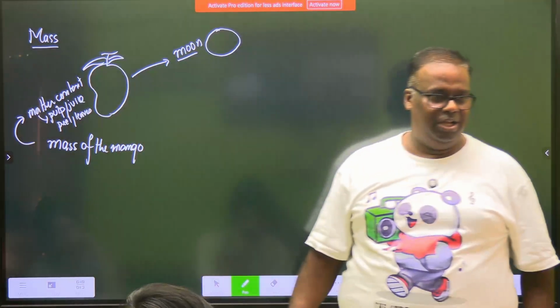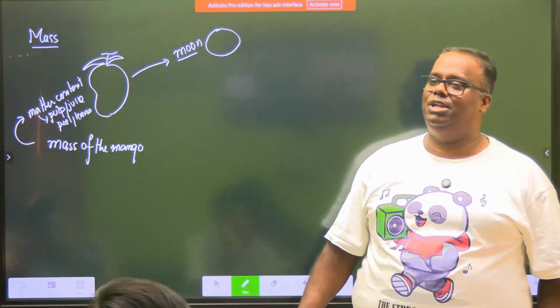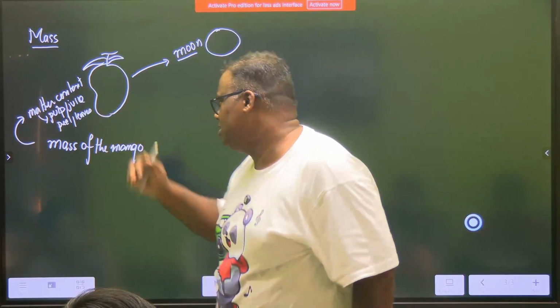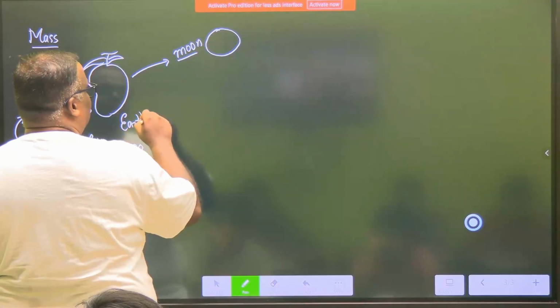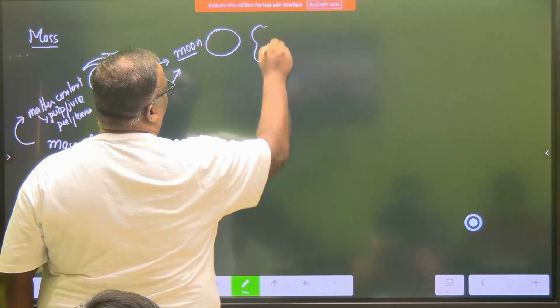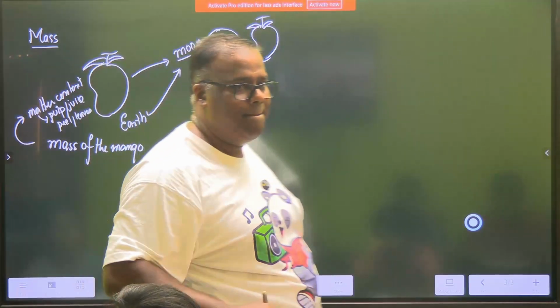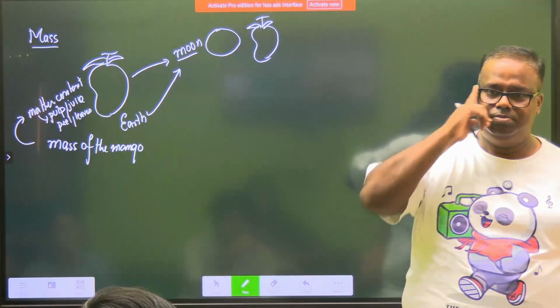The stem रहेगा, peel रहेगा, juice रहेगा, pulp रहेगा, gas भी रहेगा. Now the first question that you should answer, हमने लोकेशन बदला, ठीक है ना? हम कहाँ पे थे बेटा? हम अर्थ पे थे, हम अर्थ से गए मून पे, और मून में वही हमारा मैंगो दोबारा यहाँ पे है, right? Now the question is, do you expect the mass to reduce or gain when you went to moon?